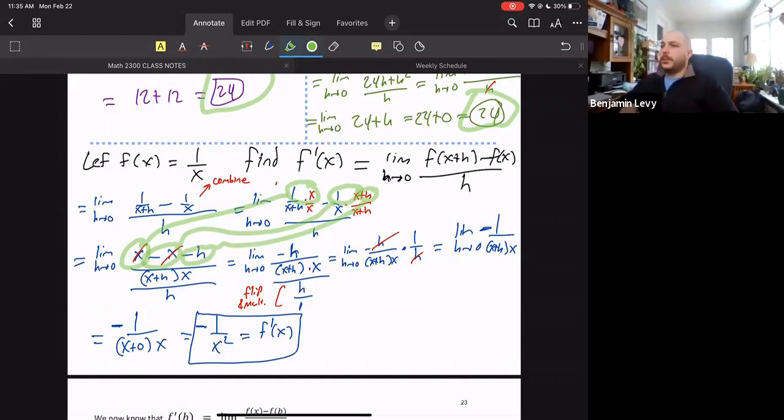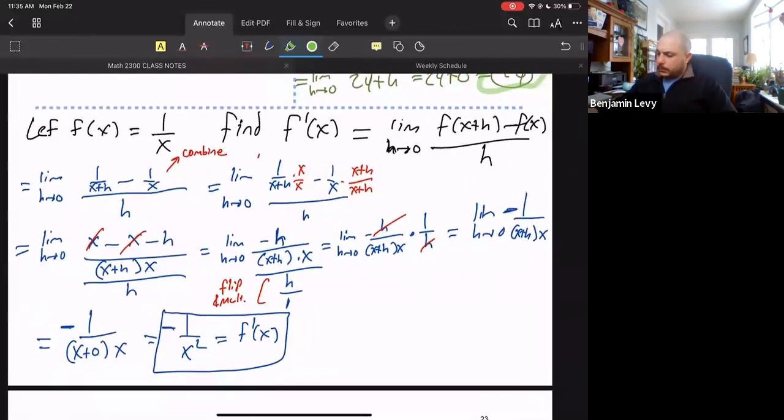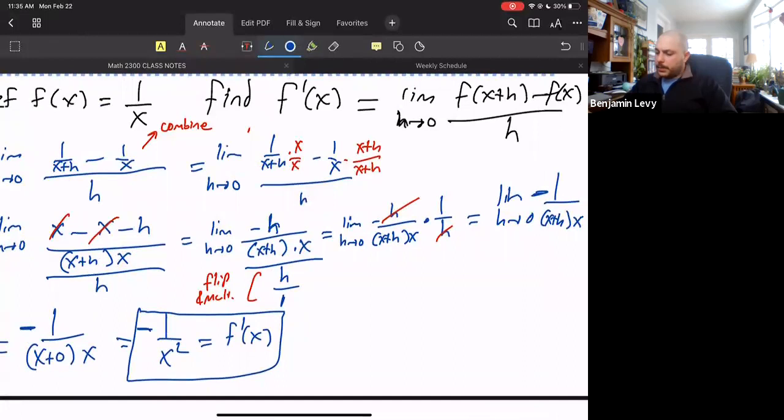Yeah, I did kind of skip a little intermediate step there. Other thoughts about that? So right next to it, where you flip it, does that only work when it's 1 over something, or 1 over h, or h over 1? So that's using the concept of if you have a fraction divided by a fraction, you keep the first fraction and you flip the second fraction.